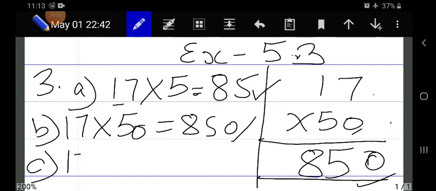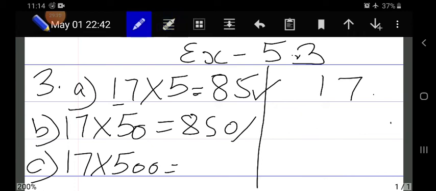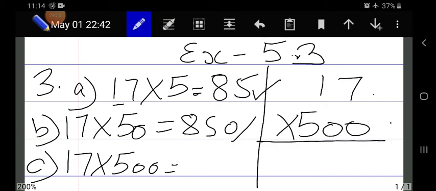C, 17 multiplied by 500. Here we are again having 17 multiplied by 500. So how many zeros are we having? We are having 2 zeros. So I will just simply put them here.